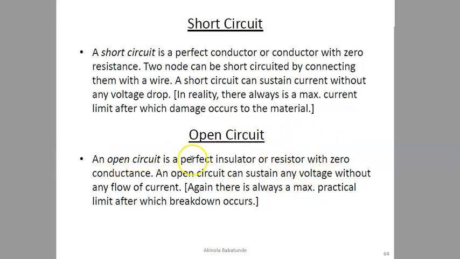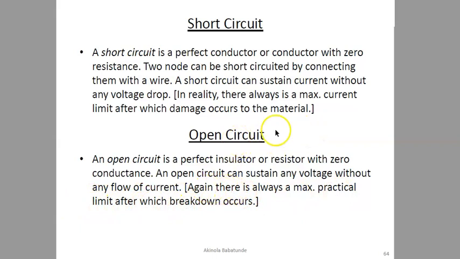So an open circuit is a perfect insulator or resistor with zero conductance. It doesn't conduct any current at all. An open circuit can sustain any voltage without any flow of current. Again, there is always a maximum practical limit after which breakdown occurs.